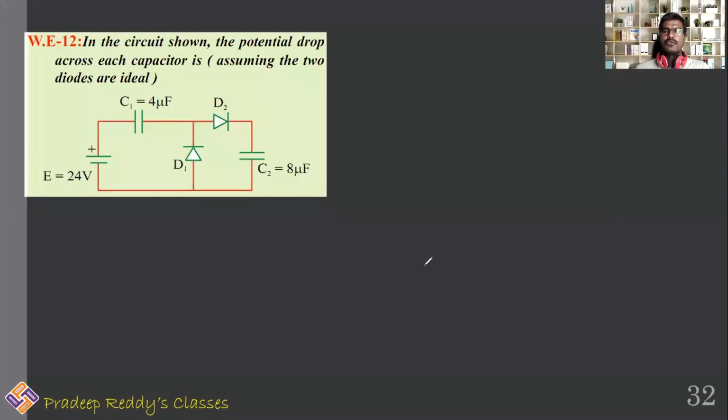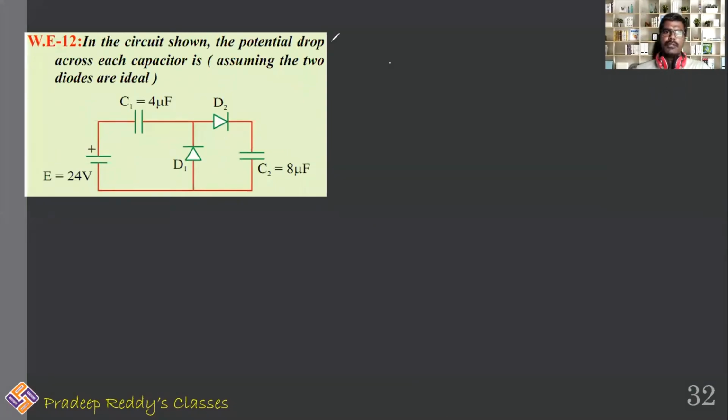Students, in the previous problems, we have considered an electronic circuit, which is a combination of resistors and diodes. But in this circuit, this electrical circuit is a combination of capacitors and diodes. We have two capacitors and two diodes.